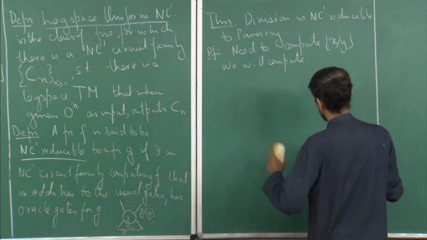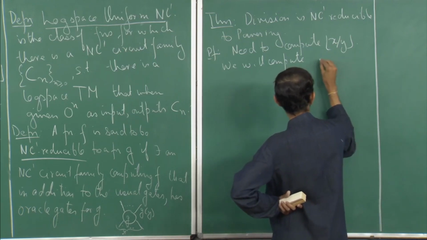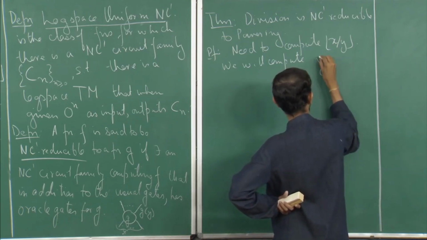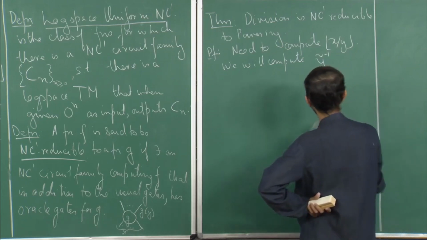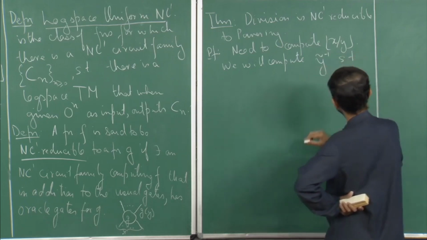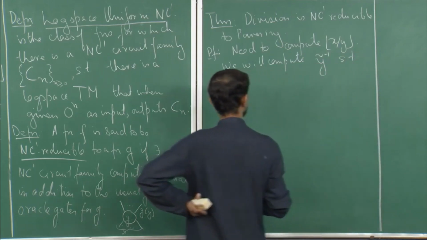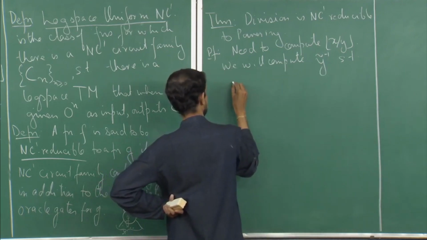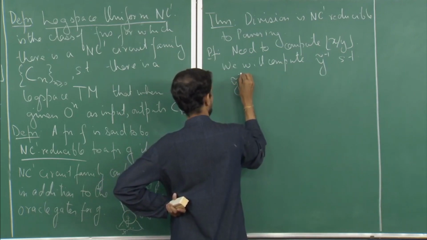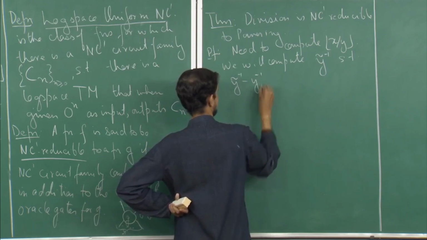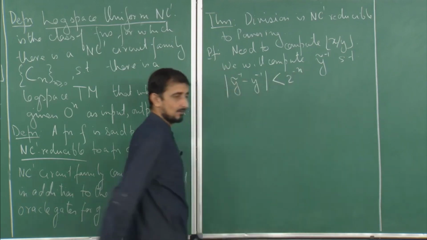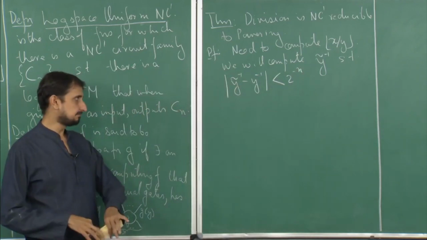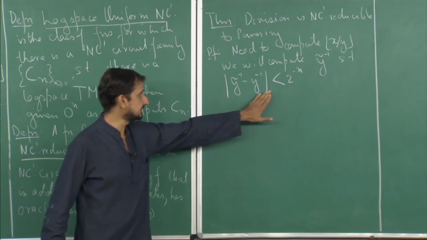So, we will be computing a quantity, let us call it y tilde inverse, such that y tilde inverse minus y inverse is smaller than 2 to the power minus n. So, we will try to compute a quantity such that this holds.